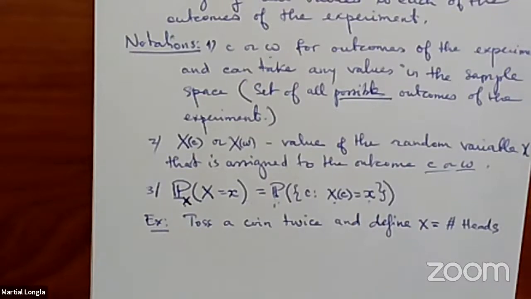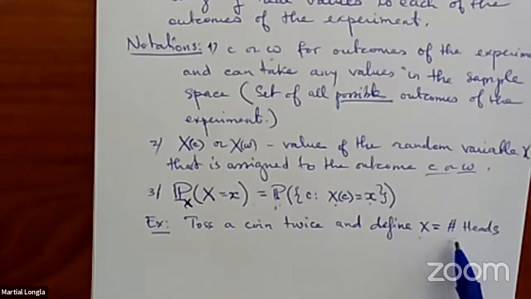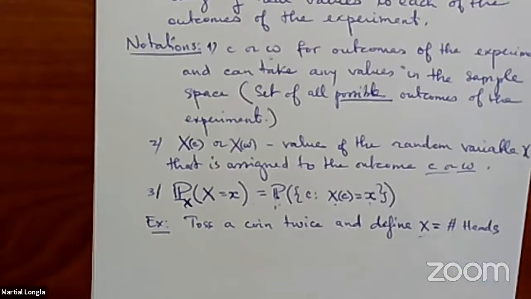So if you toss the coin twice and you define x to be the number of heads, this x is a number. It's a real number. In this case, it's even an integer, right? So that's the random variable that is defined on the outcomes, which are heads and tails. Does that make sense?